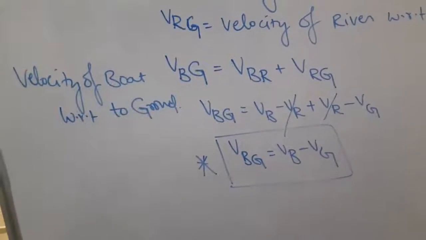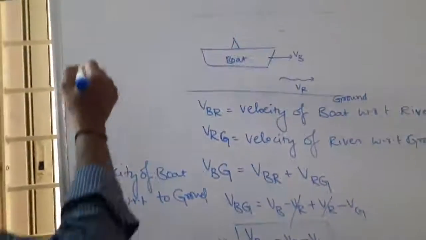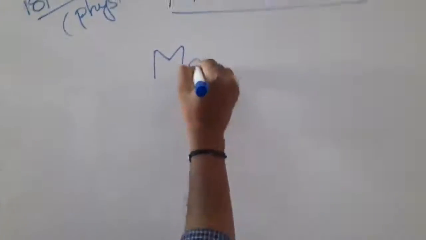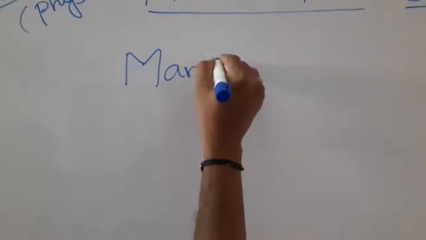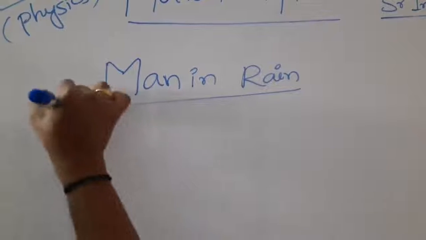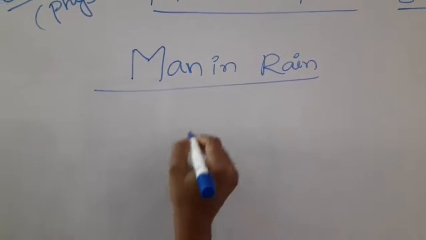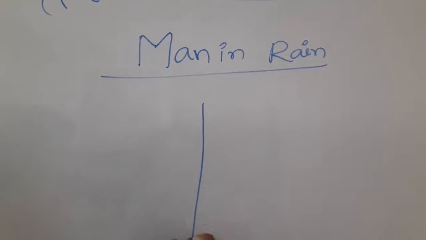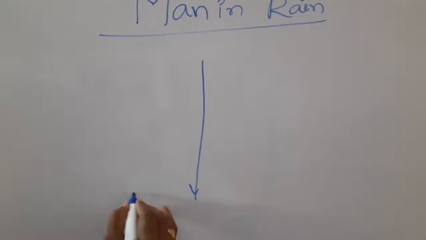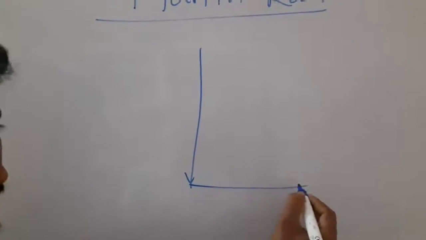Next topic, man in rain. So, we can consider the rain is falling vertically down. The man is walking along a straight horizontal road.